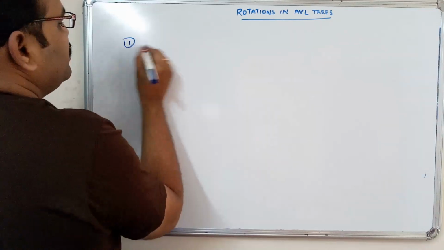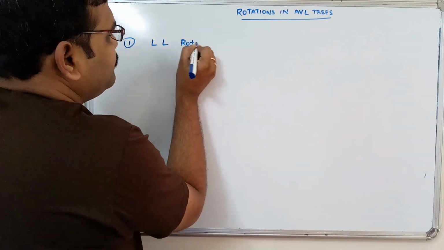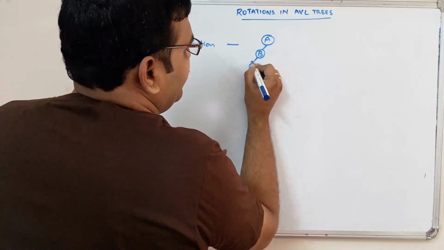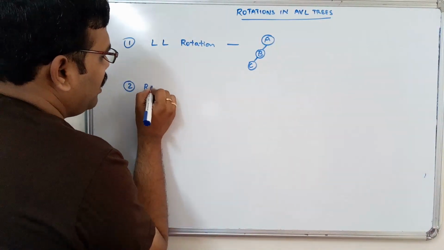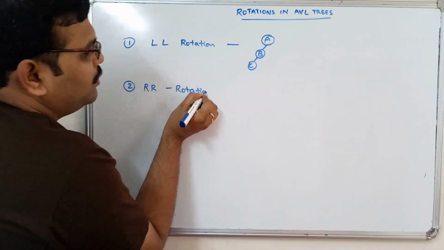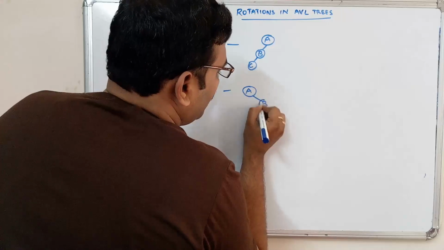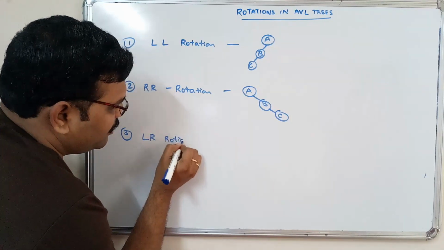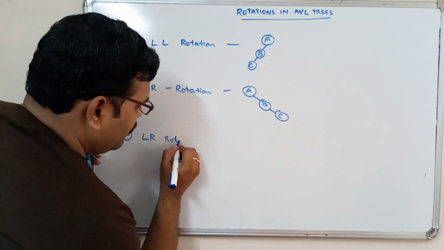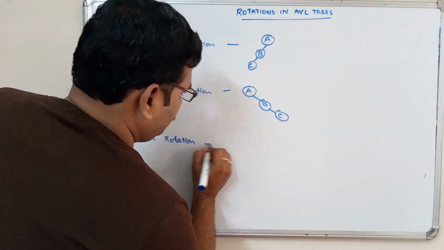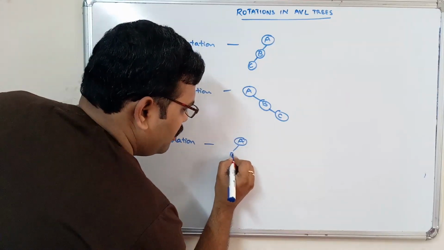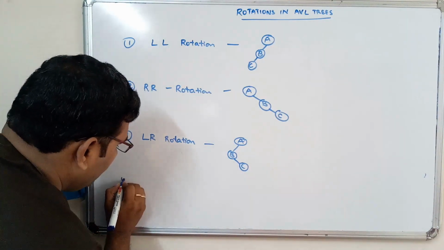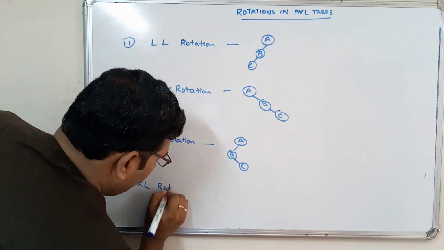See, rotations, the first one we have seen is LL rotation, which is a left skewed tree, and the second one we have seen is RR rotation, which is a right skewed tree. Third one LR rotation, on the left tree, right side, and the fourth one is RL rotation.